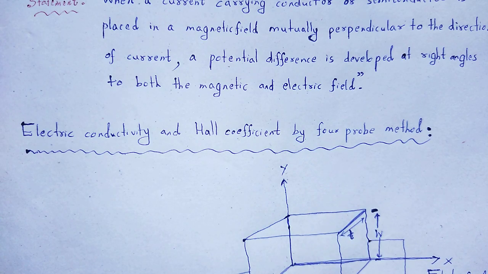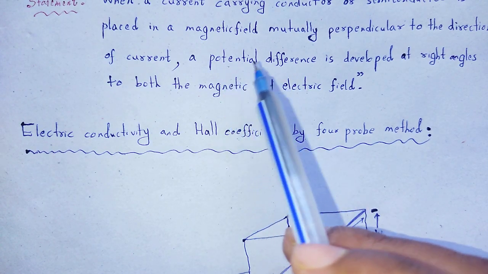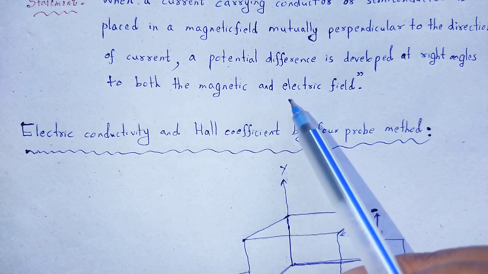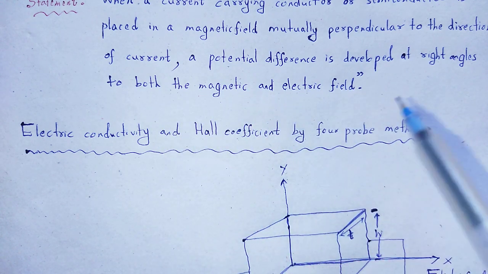Therefore, what happens? A potential difference is developed at right angles to both the electric and magnetic field.